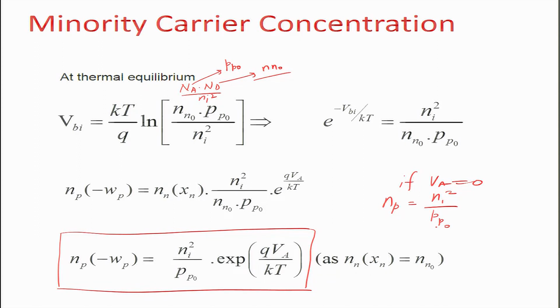So basically, I have got the concentration of minority carriers in terms of bias that is applied. So Np at minus Wp is equal to ni square divided by Pp naught into exponential of qVa by kT, and I can see that if I increase the applied bias, then my minority carrier concentration also increases exponentially, which means my current should also increase exponentially. I am seeing a trend here.